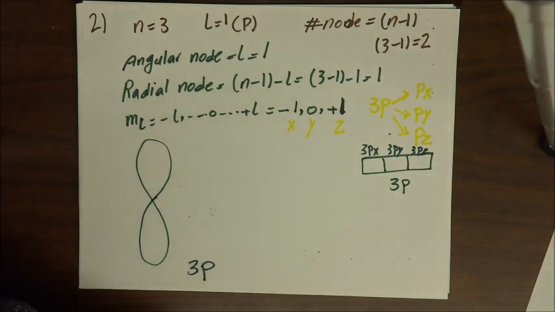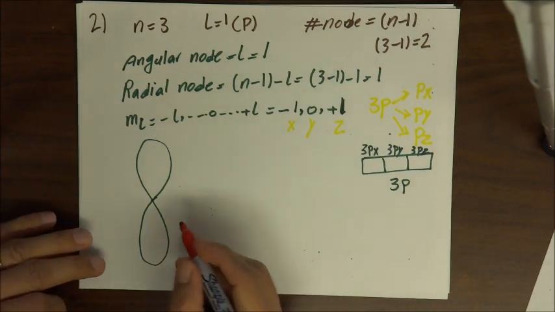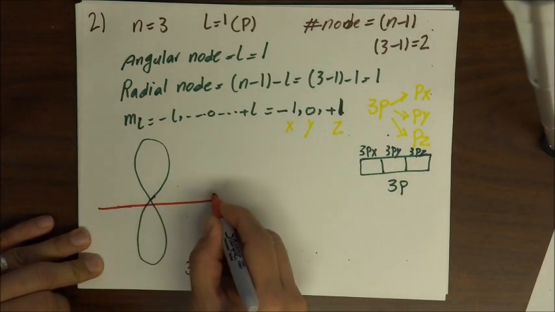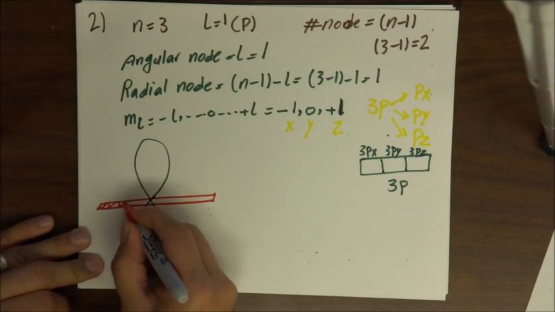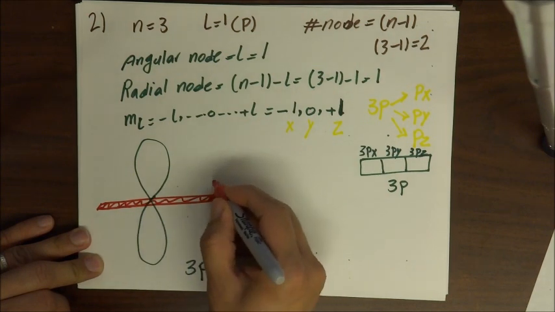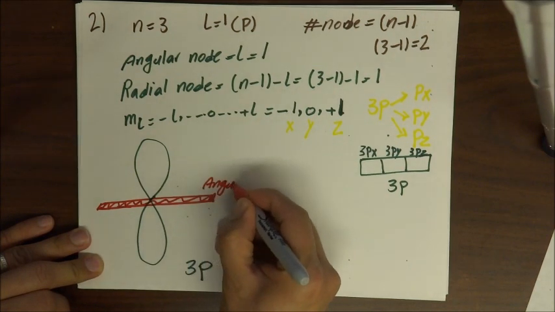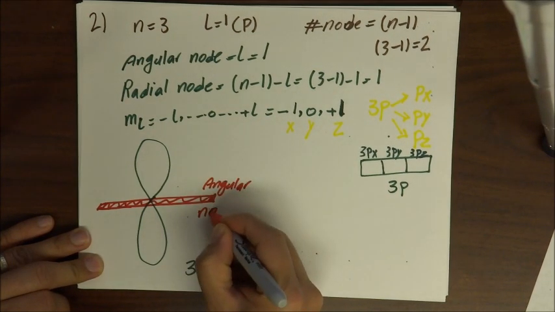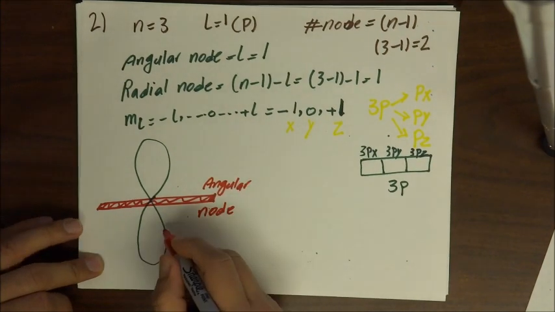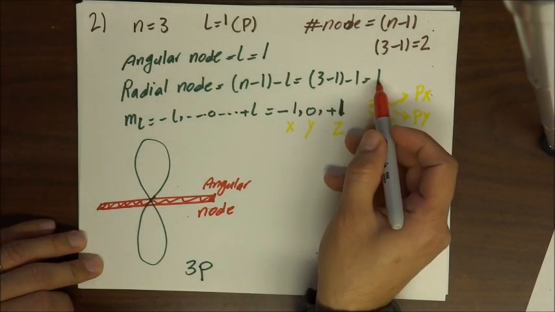We have one angular node, and we have one radial node.